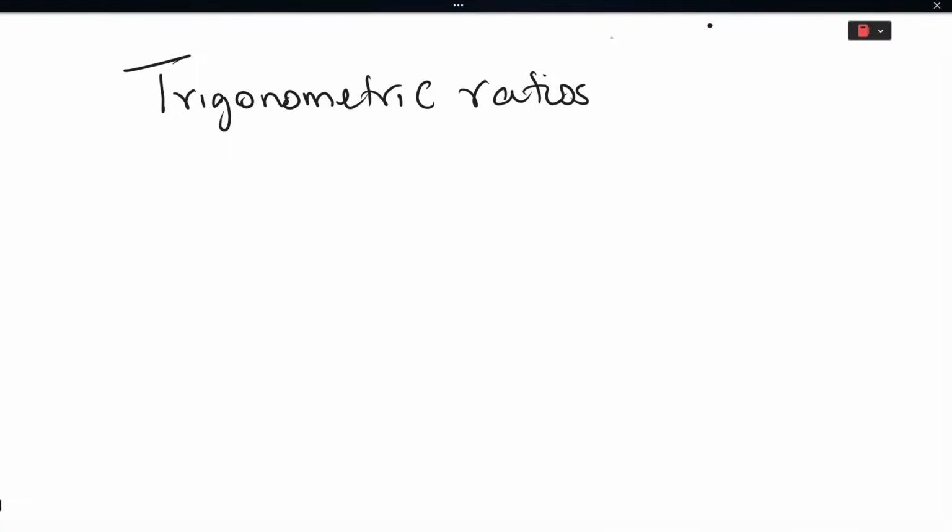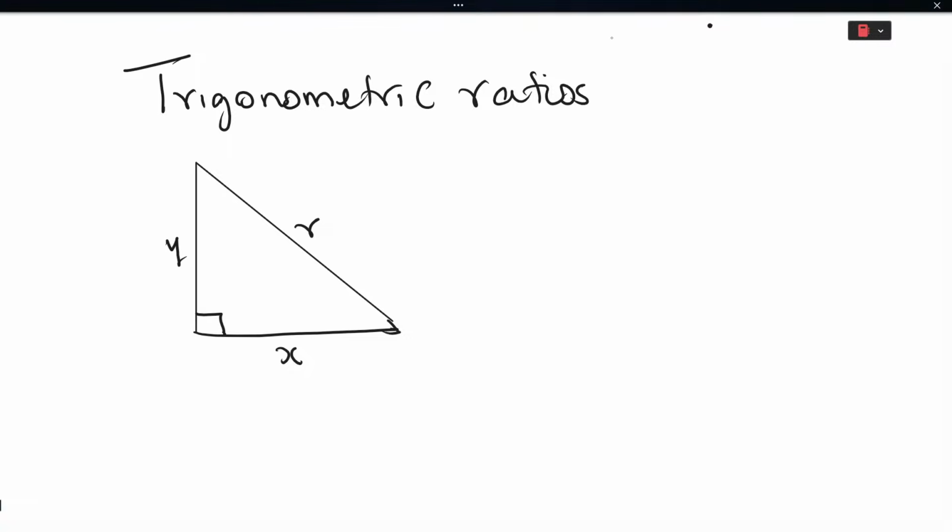Okay, so the trigonometric ratios, we start them from a right angle triangle. And this is what we are having, a right angle triangle. And then this is your y, this is your r, and this is your x.